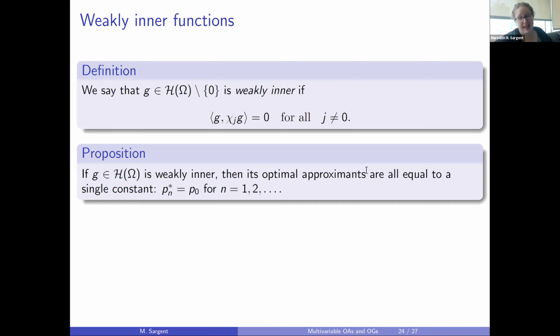So you really can't do any approximation at all. This kind of ties into one of the original reasons people were looking at optimal approximants. People were interested in cyclicity. And well, inner is kind of the opposite of cyclic. So if something is inner, you're going to have a heck of a time doing optimal approximation stuff with it. If it's outer, your optimal approximants are going to be great. Well, weakly inner is this thing where things are going bad.